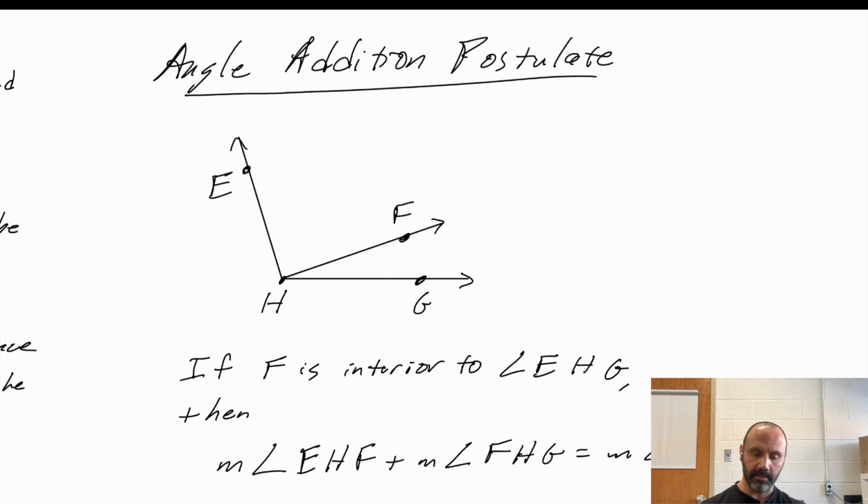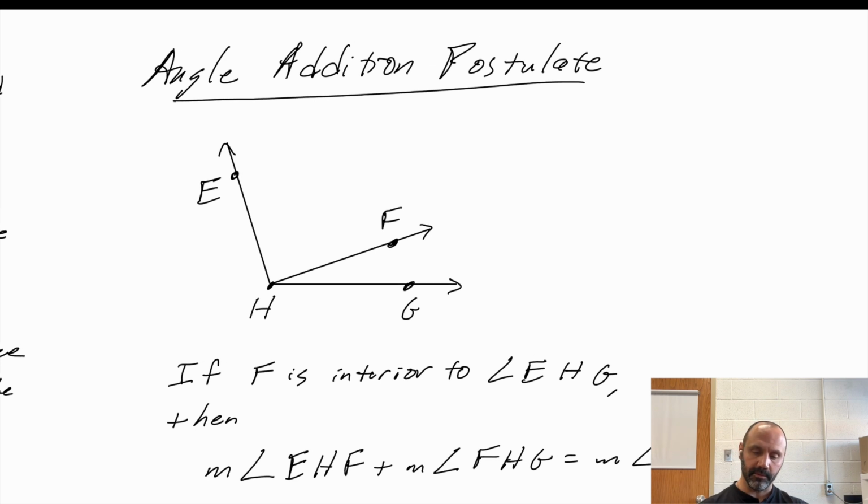And all I'm saying is that the measure of this angle plus the measure of this angle is the measure of the whole thing. Again, seems very obvious, but again, we state it clearly anyway. And the way we write this is the measure of angle EHF plus the measure of angle FHG equals the measure of angle EHG. That's the angle addition postulate. It's an assumption that we make, and we're going to build off of that in the future.